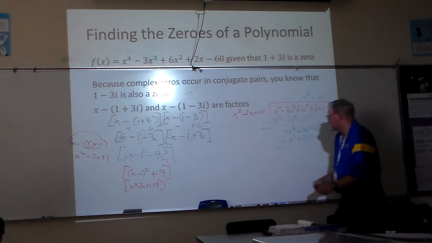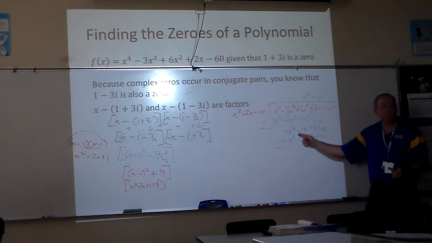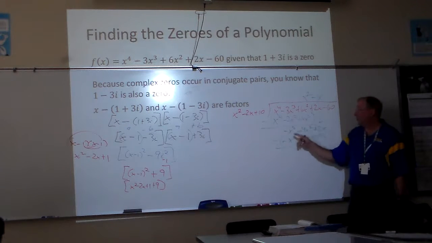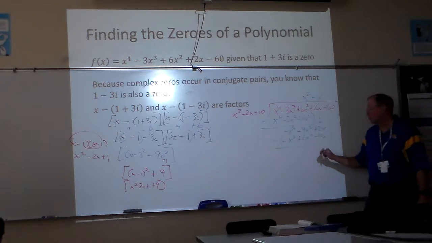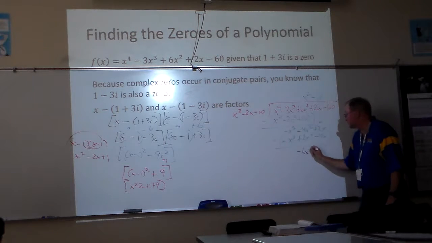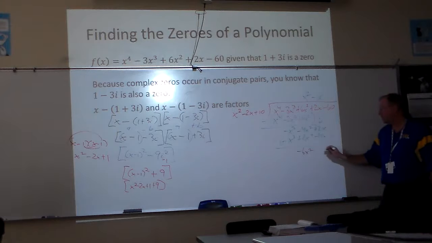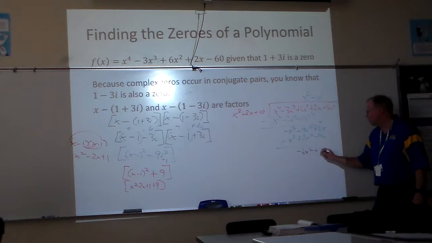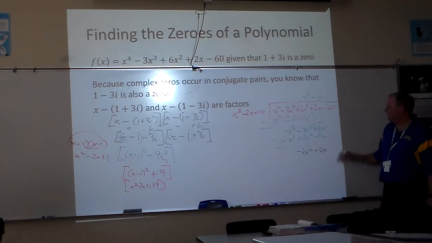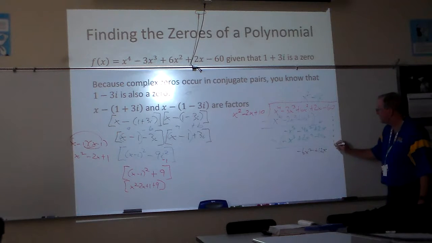And when I do, these will cancel. Negative 4 minus 2 will be negative 6x squared. 2 minus negative 10 will be plus 12x. And now bring down the negative 6.